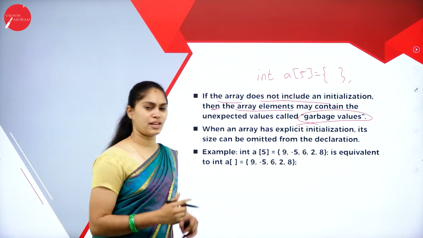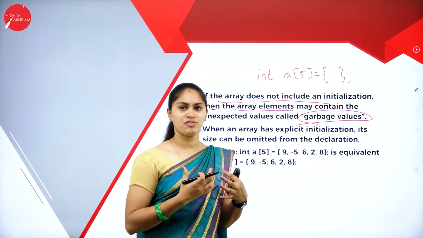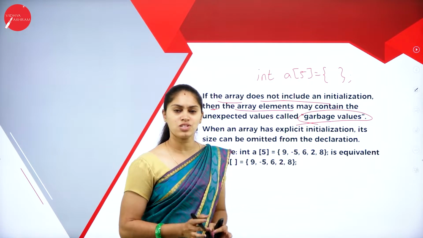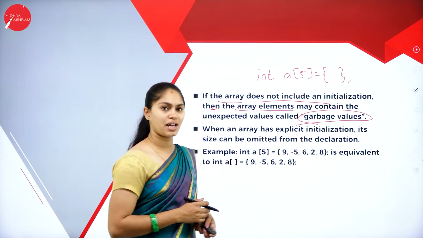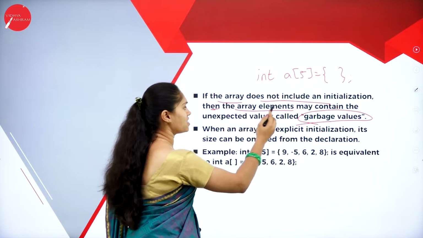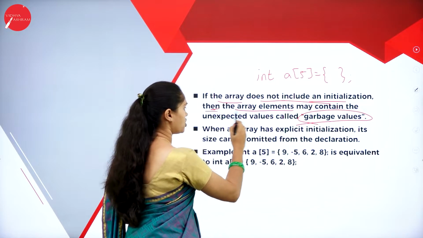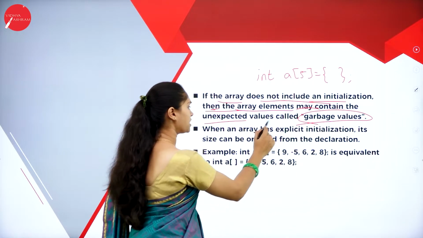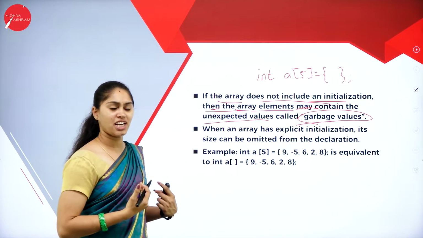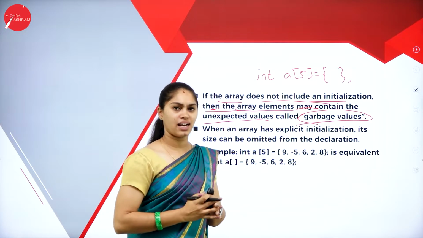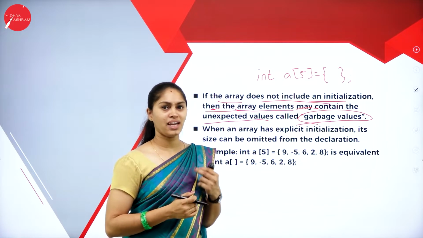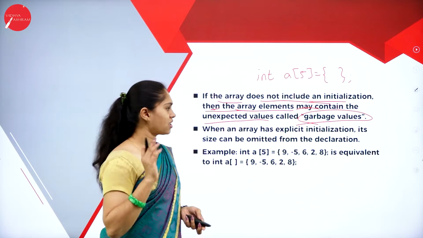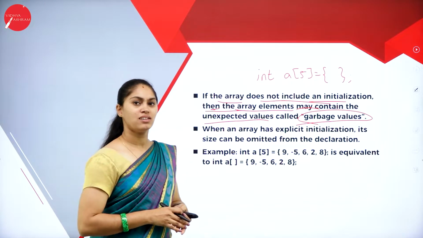Garbage values. That may comprise any numbers, alphabets, characters. It can be any junk values, and that is considered garbage values. So if the array does not include an initialization, then the array elements may contain unexpected values. We can't predict what will fill that array because that is done by the compiler. That is termed garbage values.